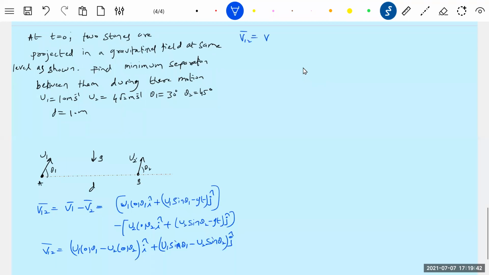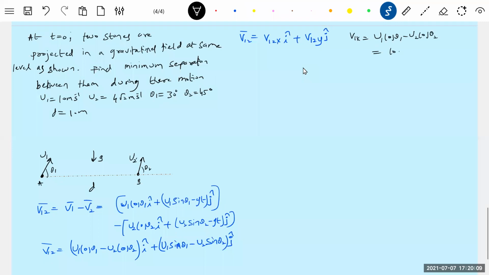Now what is V12? This we will write as V12x i cap plus V12y j cap. What is V12x? V12x is U1 cos theta 1 minus U2 cos theta 2. Directly we'll substitute the values, we can save a lot of time.